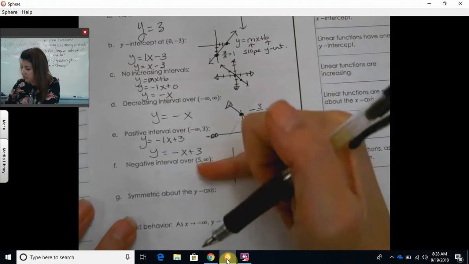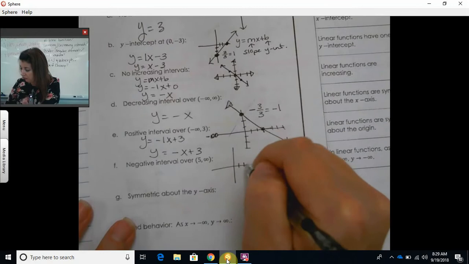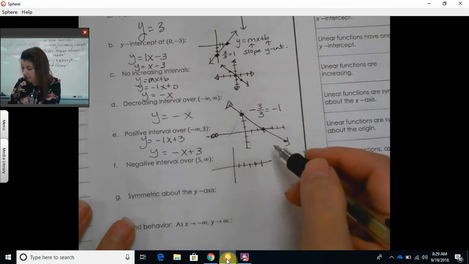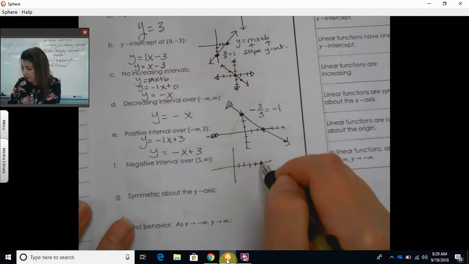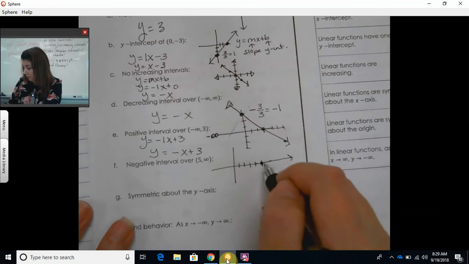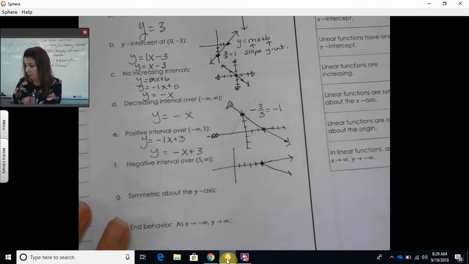So negative means below the x-axis from positive 5 to positive infinity. So from 5 all the way to positive infinity, it's got to be negative, which means it would be below the x-axis from 5 to positive infinity, right?